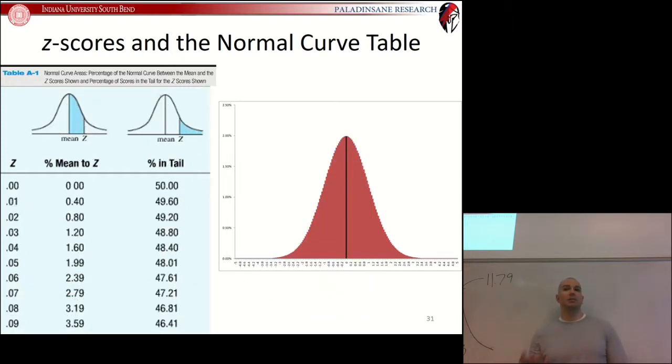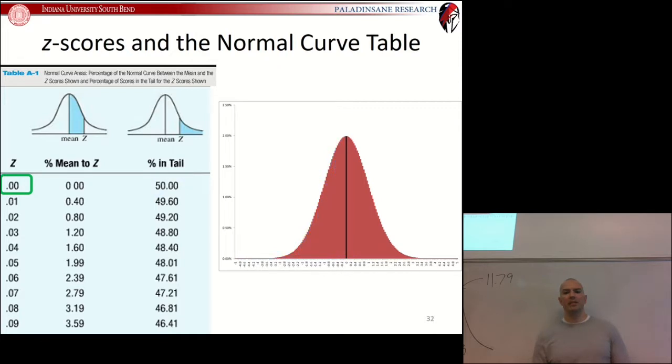And then the only tricky one here, and the last thing that we need to address: sometimes you'll have a z-score of 0. That one can get a little bit confusing because that's exactly where the mean is. So for a z-score of 0, what's the percentage, for example, below that z-score? Well, a z-score of 0 cuts the distribution in half. So there is 50% in the tail, and that's what that column is indicating.